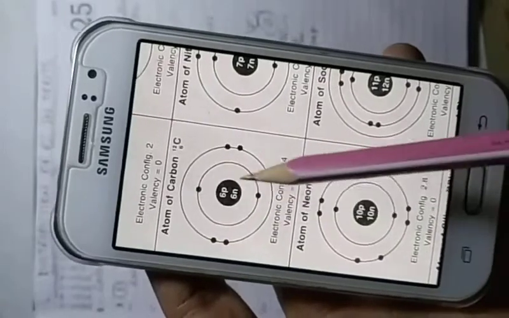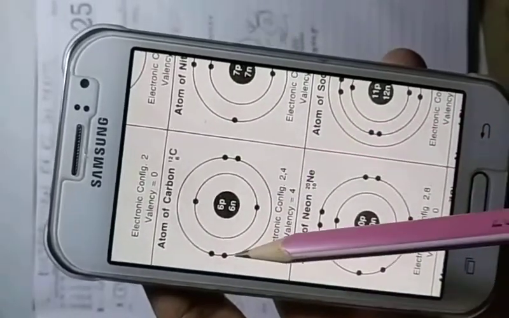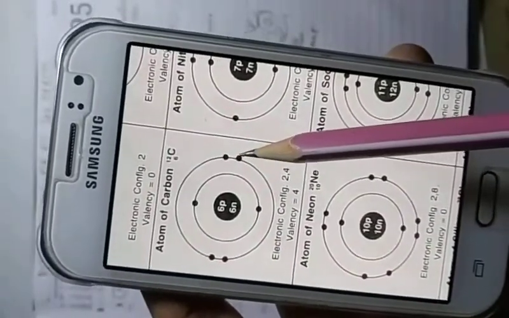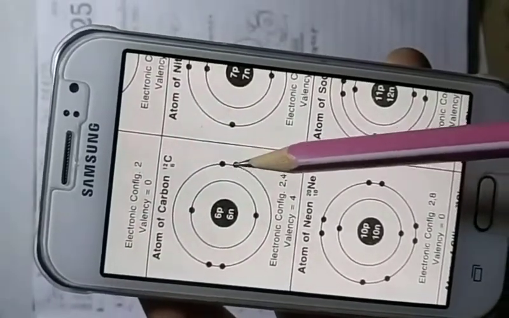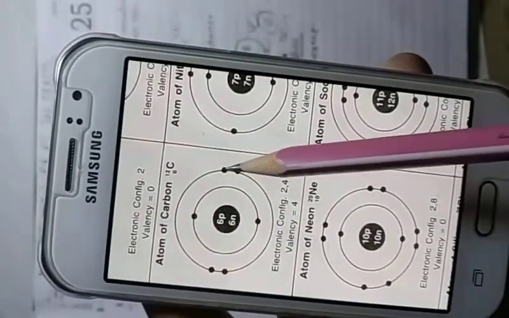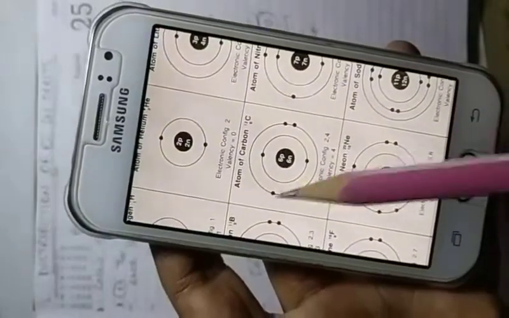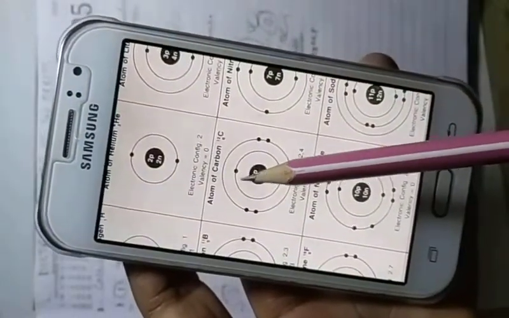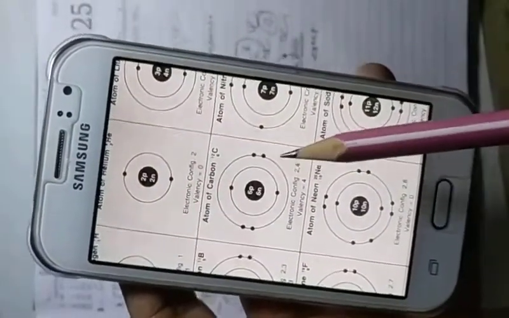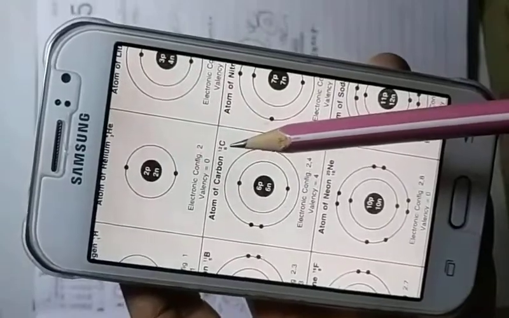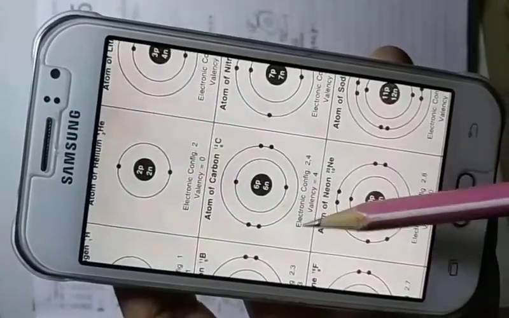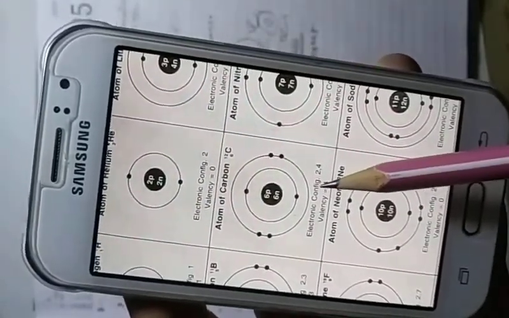The electrons here are drawn by black dots. These dots are the electrons. 4 in the L cell. So this is the carbon representation, 6 and 12, electronic configuration and valency also given, students.